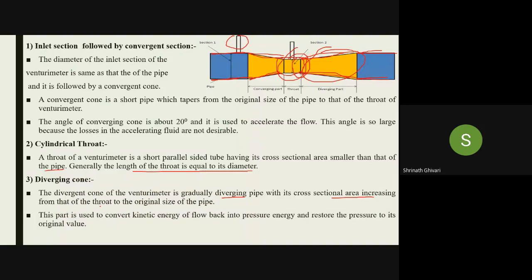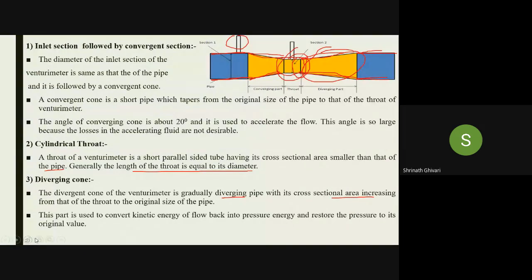What happens at this point is that the kinetic energy of the fluid is converted into pressure energy, and whatever pressure is to be restored throughout the pipe is brought back to its original value.